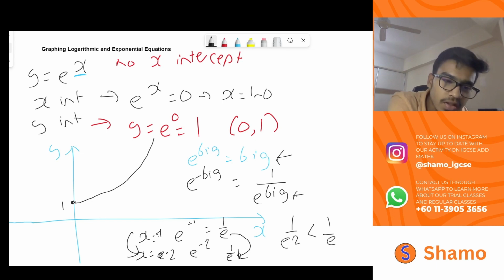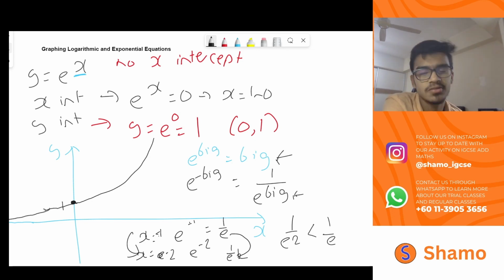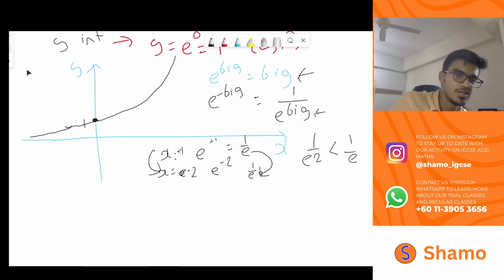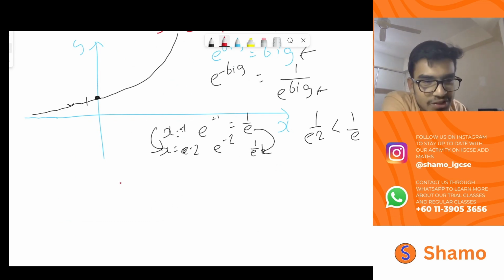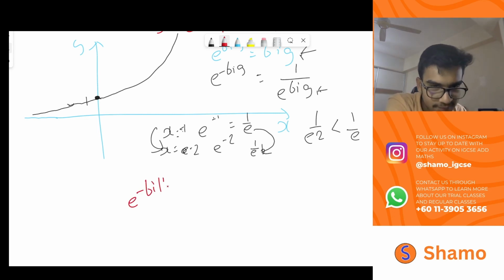But here's a question. It goes something like this, this, this. As x becomes more negative, it keeps going like this. Does it reach 0? Does it reach 0, Shraman? No, it doesn't. Why? Eventually it should, right? Well, think about it. Let's say it's e to the power -billion.